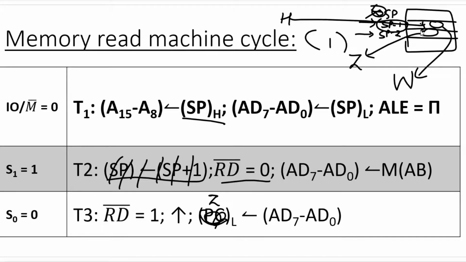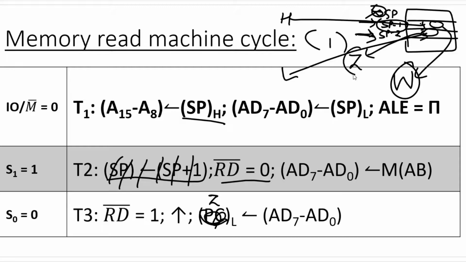Then in the first memory write machine cycle, from H we take the data and store to SP-1. SP is also decremented so that it again points to this location, and now we'll take data from L and store it here. So HL has been written onto the stack pointer.